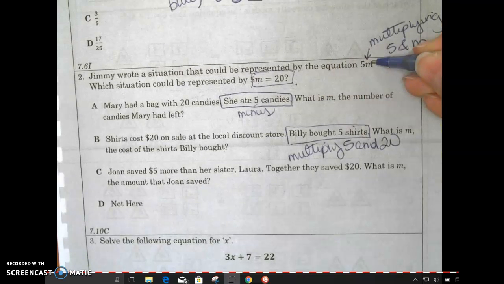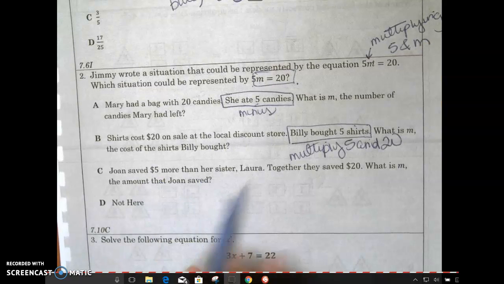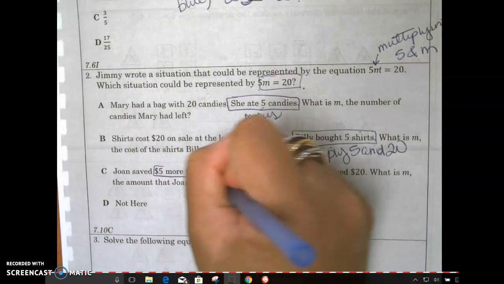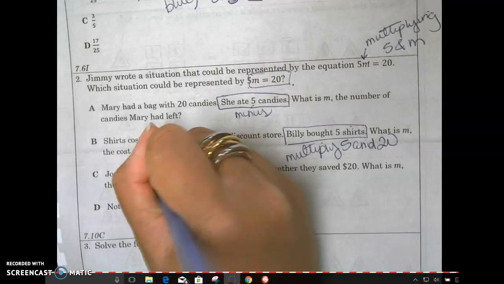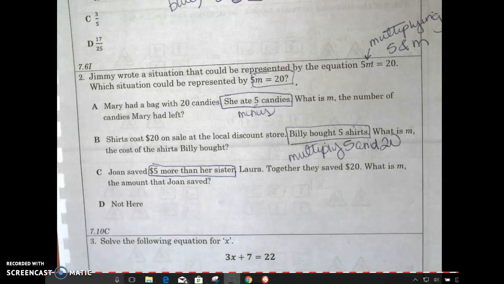Is this 5 times 20? No. Joan has 5 more than her sister. What does 5 more than mean? I have a marker. I'm getting 5 more. What am I doing?